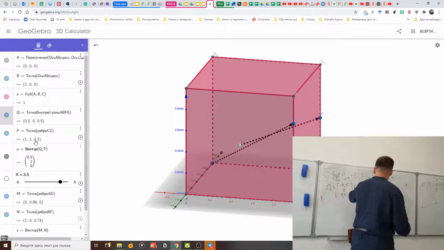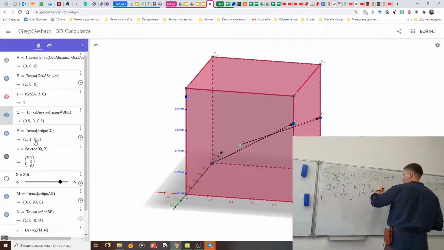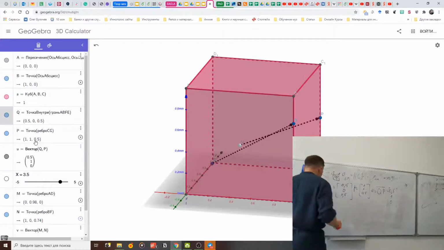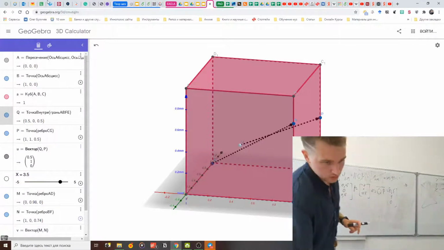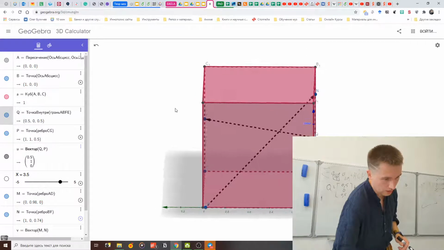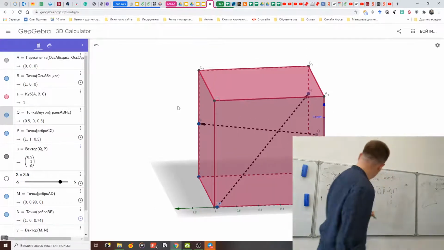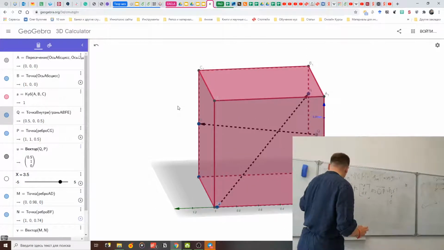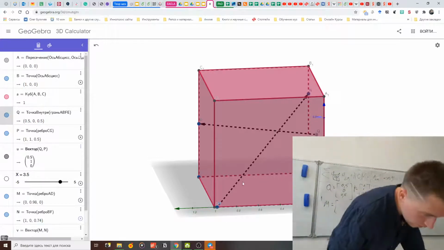So QP is our vector. And after this, let's write M and N. M, what will it be?